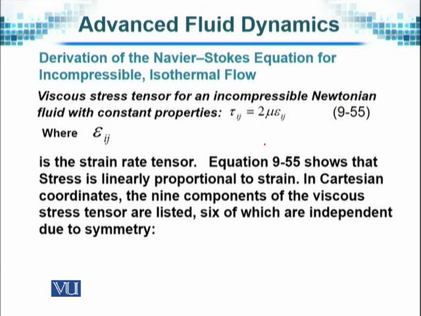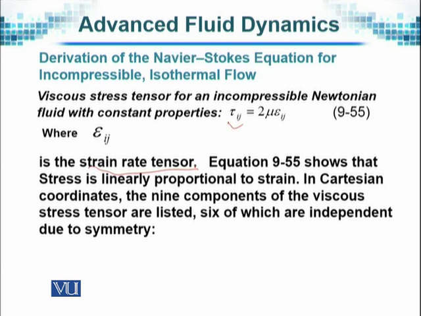The viscous stress tensor that we have mentioned earlier in Cauchy's equation, then in this one, the relation between the strain rate and the stress tensor is that tau is equal to 2 times mu into epsilon ij, where epsilon ij is the strain rate tensor.